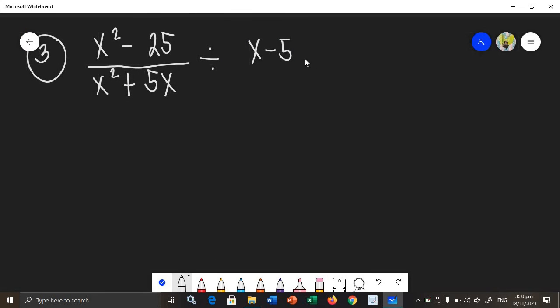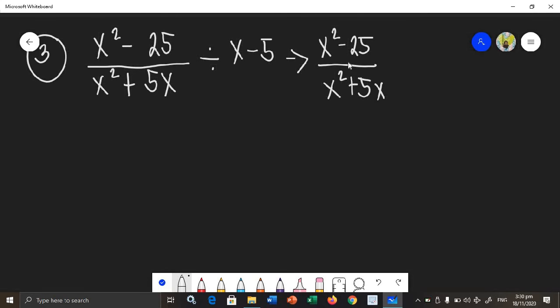So let's write it. So we have x squared minus 25 all over x squared plus 5x. The operation will become multiplication, and then the reciprocal of x minus 5 is 1 over x minus 5.